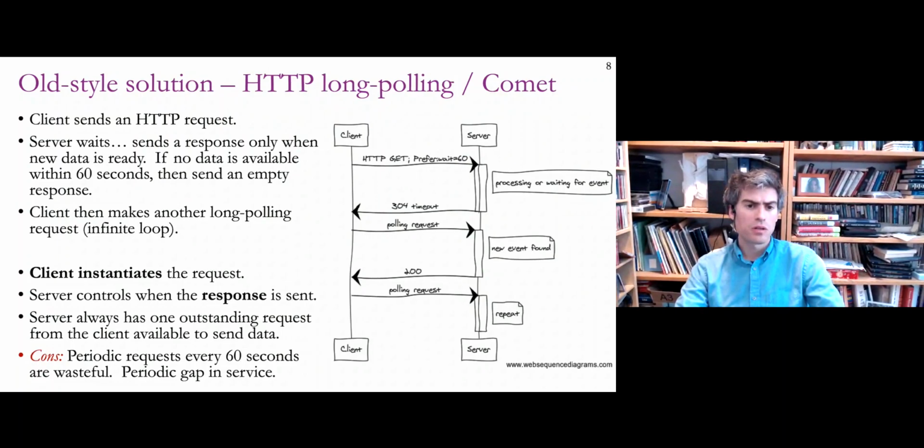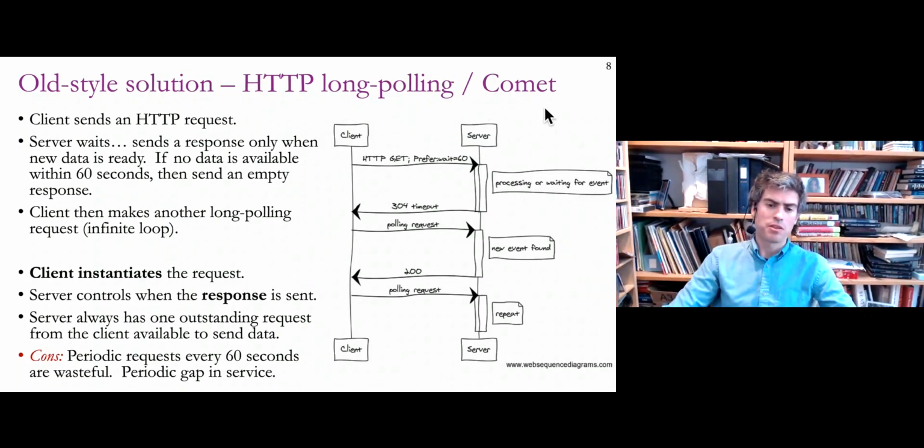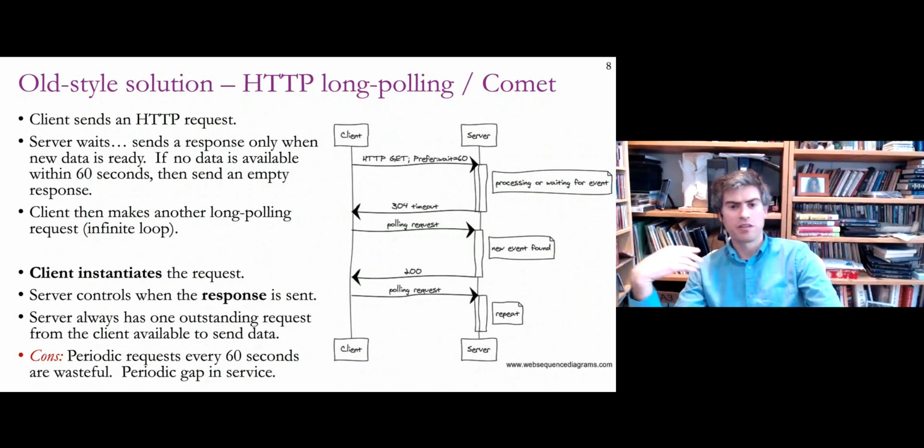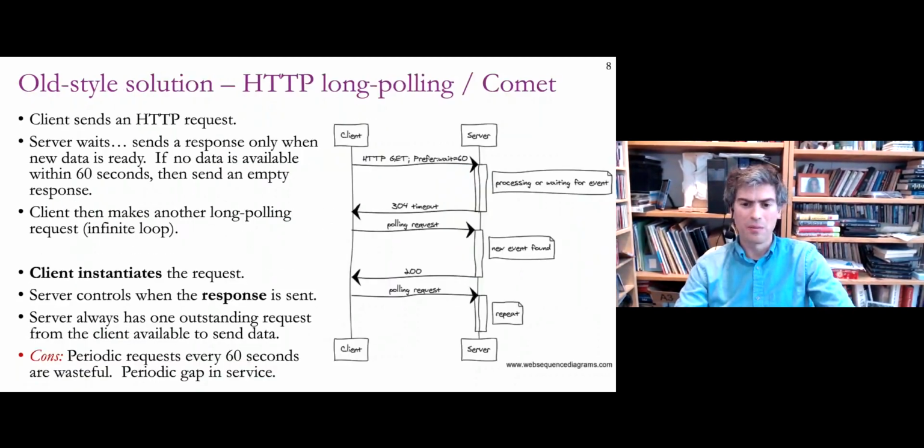There was an old solution, and I do have a slide on it, which is called HTTP long polling or Comet. It's basically the same thing, except it emulated this persistent connection by making a series of long HTTP requests. What you would do is the client would send an HTTP request, kind of like an empty request, and the server would not give a response.